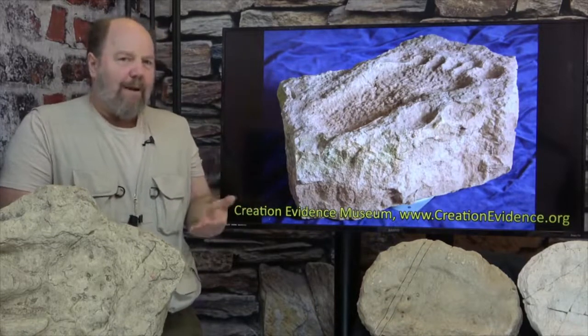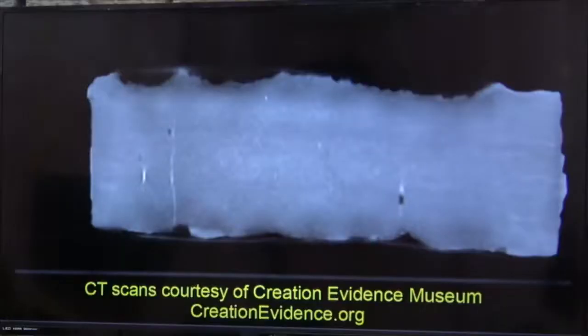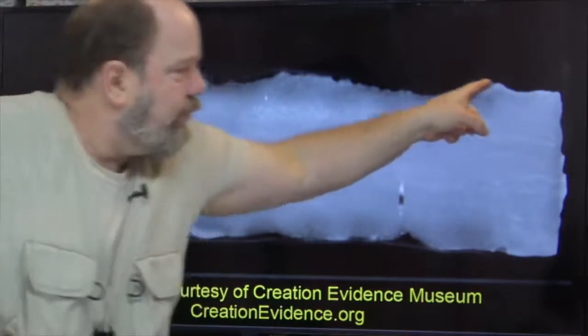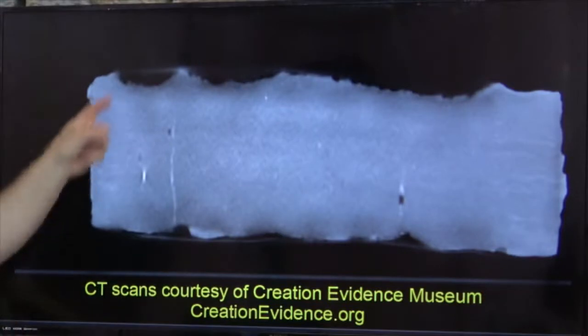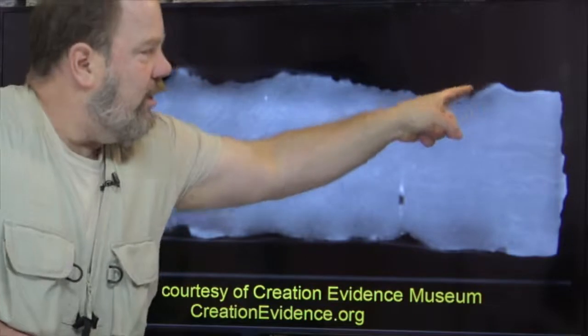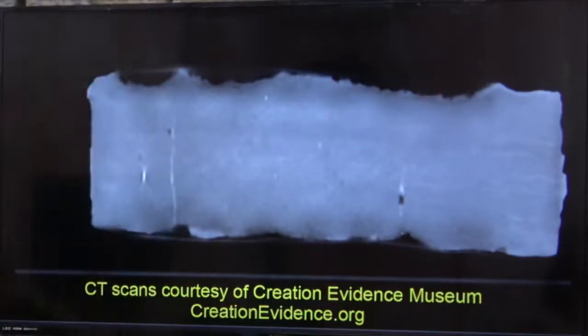We had the perfect opportunity to test CT scanning and confirm that it can indeed be used to discern a carved track. Looking at the side profile of the track, it is quite obvious that the hard superficial veneer is gone, except for here, here, and here. This is the big toe, this is the ball, the arch, and the heel impressions. The carver had to cut through that superficial veneer to cut the footprint.